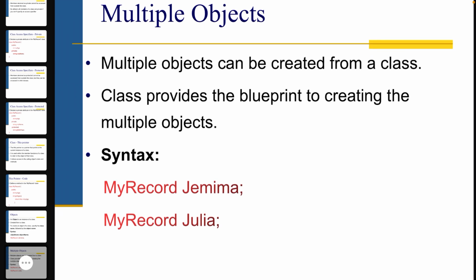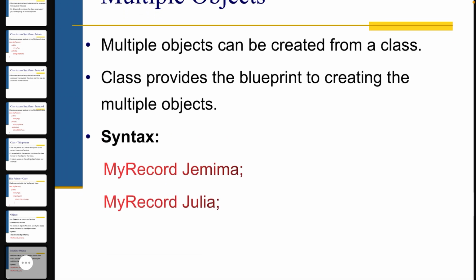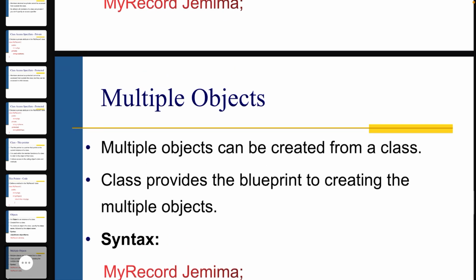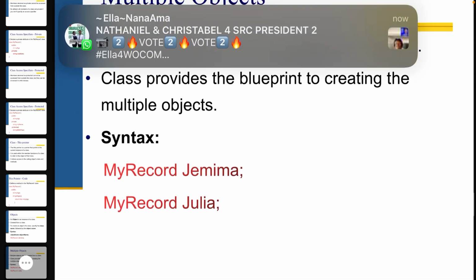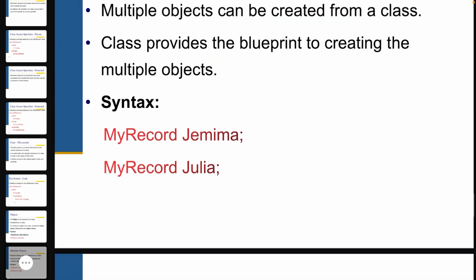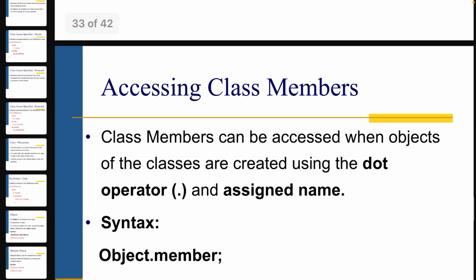A class provides the blueprint for creating multiple objects, and this is the syntax for it. It's the same as the single object, but with this there are 2 names, Julia and Jemima. That's for multiple objects.